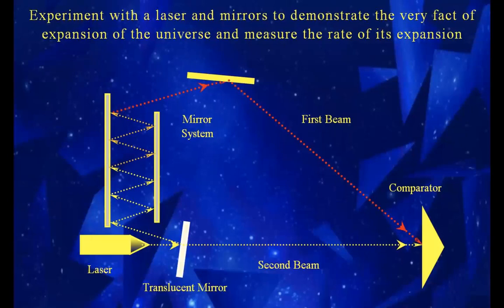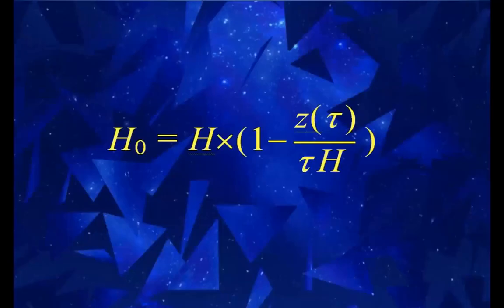The expected redshift effect increases linearly with increasing time delay tau and reaches a value of 10 to the negative 15th power after about 20 minutes. We made calculations and got the next equation. Here, Z of tau is the experimentally observed redshift between two beams depending on the time delay tau.